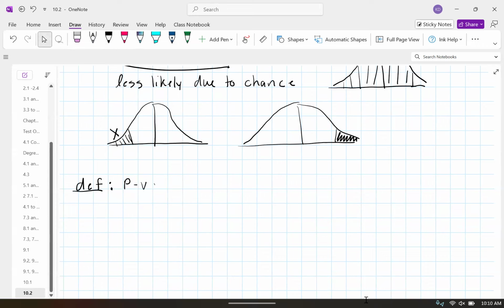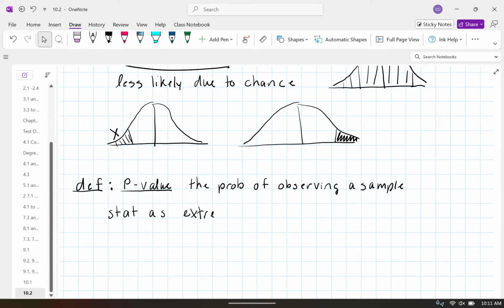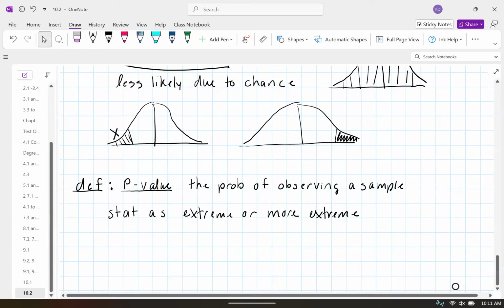It's the probability of observing a sample statistic as extreme or more extreme than the one observed.